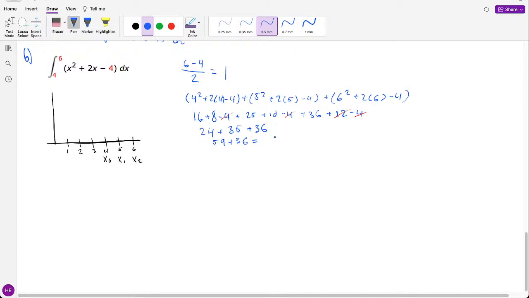And so that will equal 95, right? From 4 to 6. And let's put that in, see if I'm right. 95. No. Oh man. Okay, what did I do wrong?